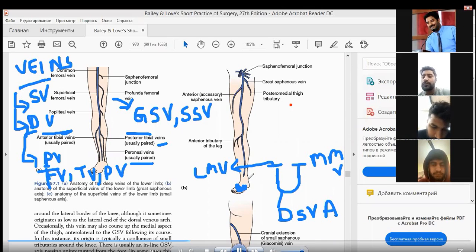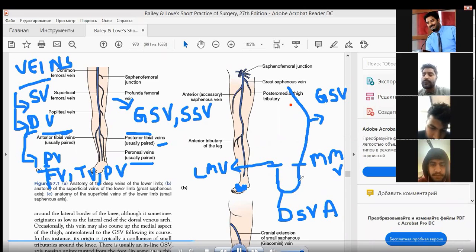This is your medial malleolus, and this is your lateral malleolus. From here the vein goes upward like this, and this vein present on the medial side is your great saphenous vein.